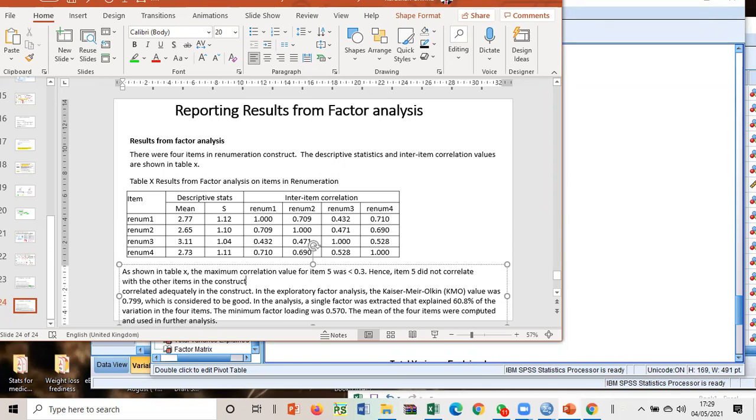So what are you going to do? Drop it. Hence, item 5 was dropped.